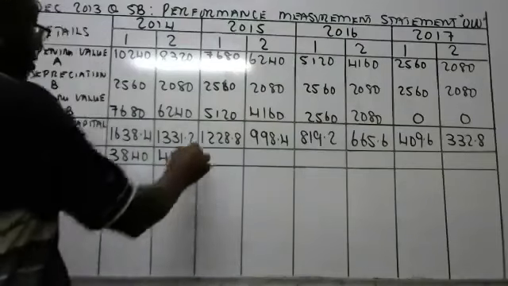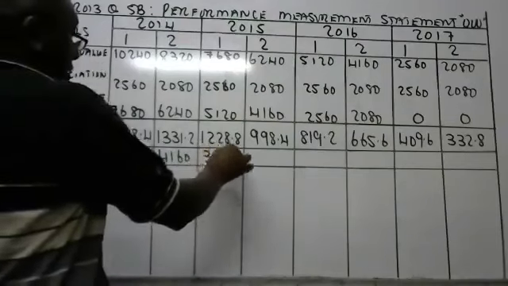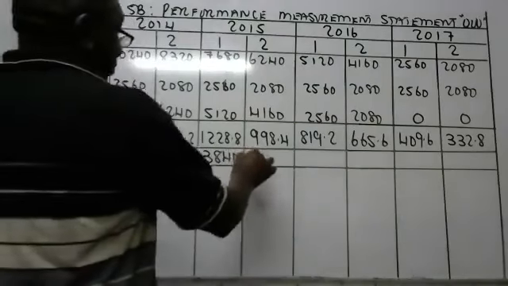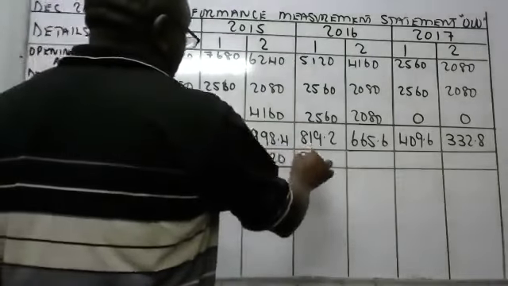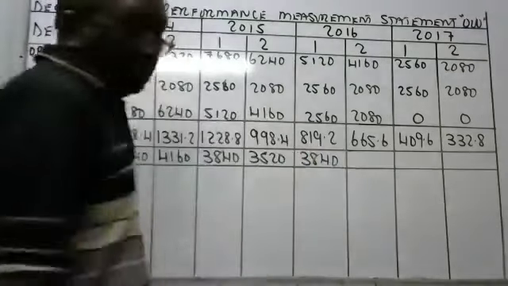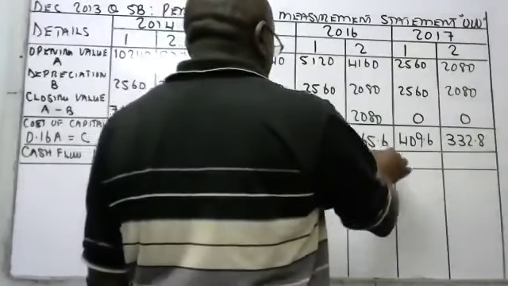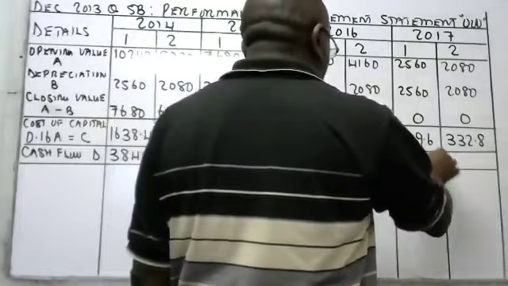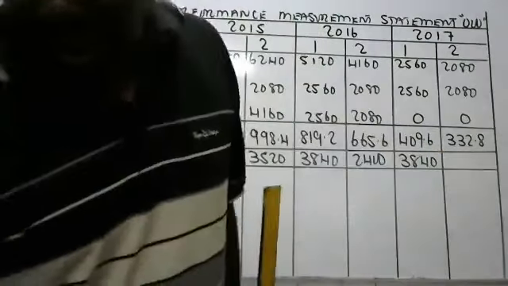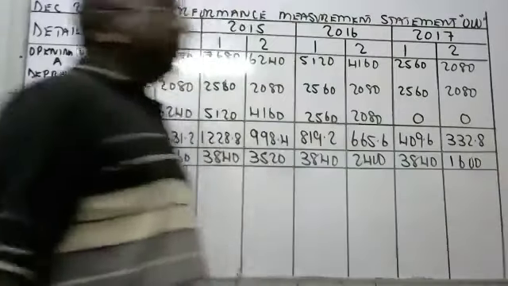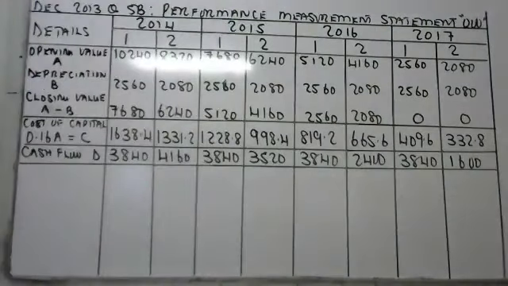Then 3840, 3520, then 3840, 2400, 3840 and 1600. So those cash flows are as provided.